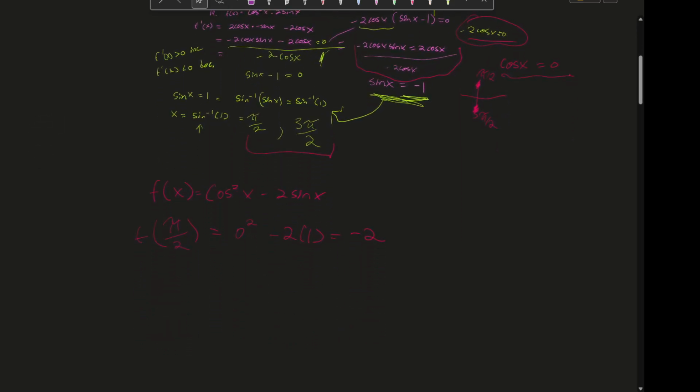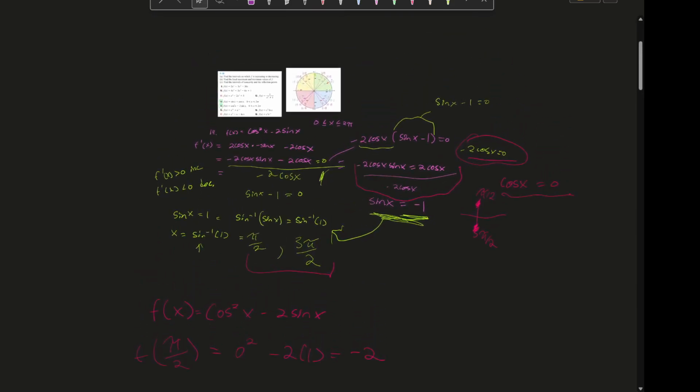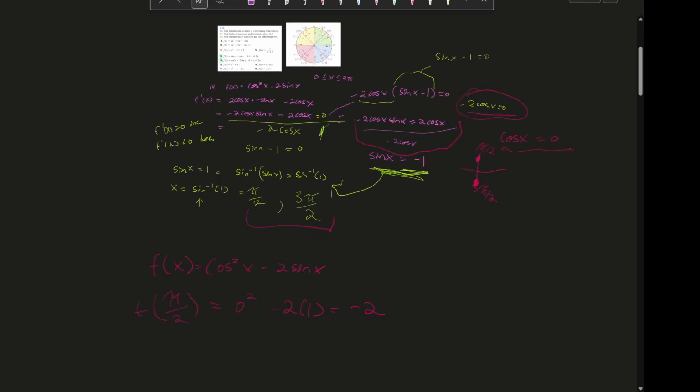Yeah, you're looking for intervals. Oops, wait. All right, yeah. Forget that. Okay, so our critical points were pi over 2 and 3 pi over 2, and then our interval was 0 to 2 pi, including 0 and 2 pi.